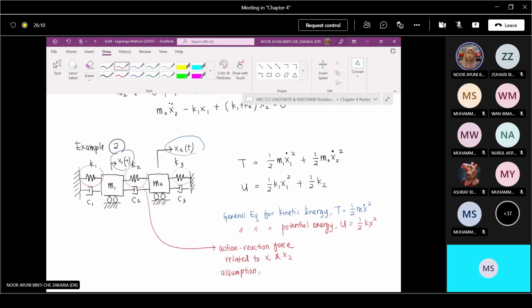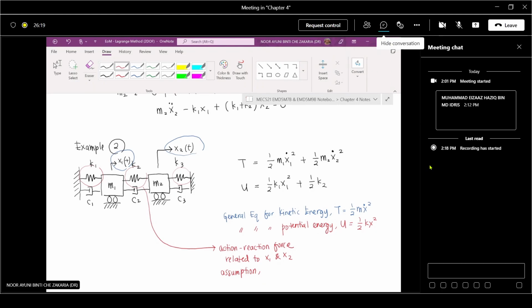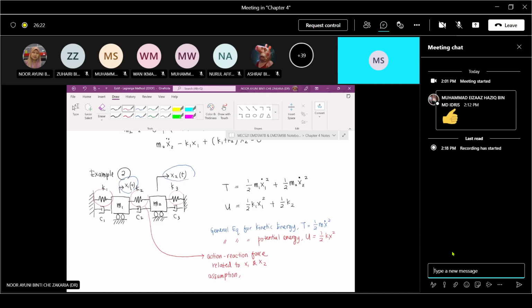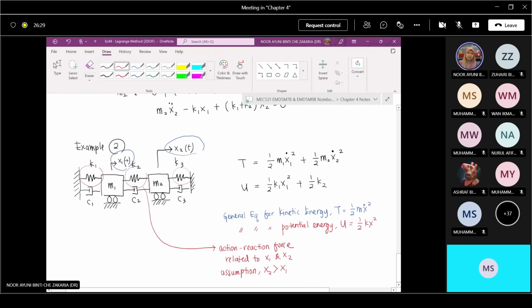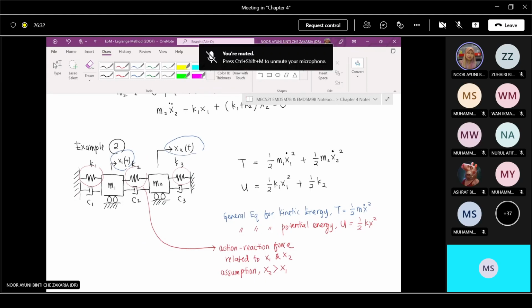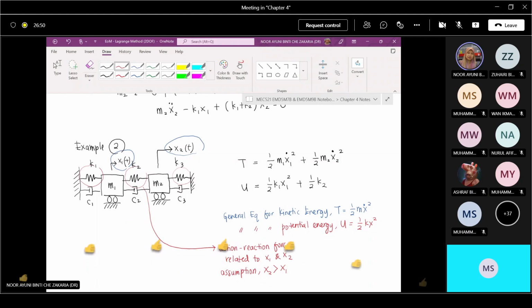The key point is to check which one of the movements is last, the end one. This one is x2. The end x2 is larger than x1. Stay with me. Do you remember how to make the assumption, which is bigger and which is smaller? If you don't remember why x2 is larger than x1, give me a love, so that I know. If you remember, everybody like.